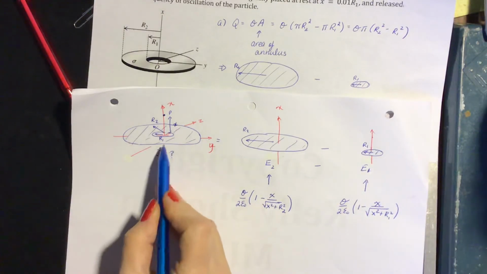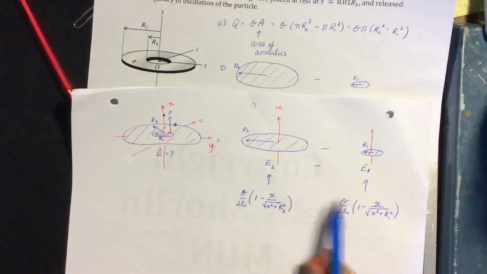So the electric field of our annulus is the difference between these two.